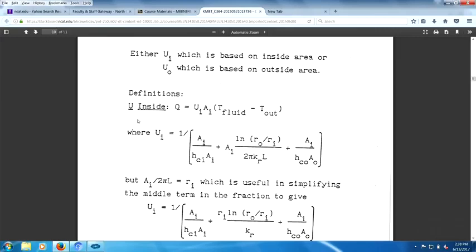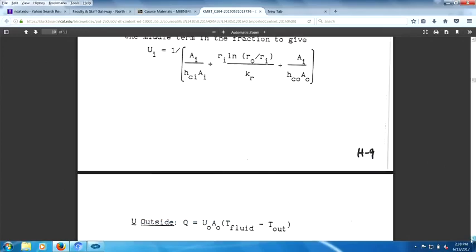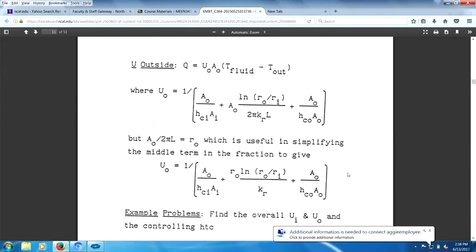And we simply write it Q equals the overall heat transfer coefficient, inside, times area inside, T fluid minus T wall, where you got this massive thing here, the inside heat transfer coefficient. Or we can write it out based upon the outside heat transfer coefficient, which is based upon the outside area. And what we have here is the overall heat transfer coefficient sitting here.